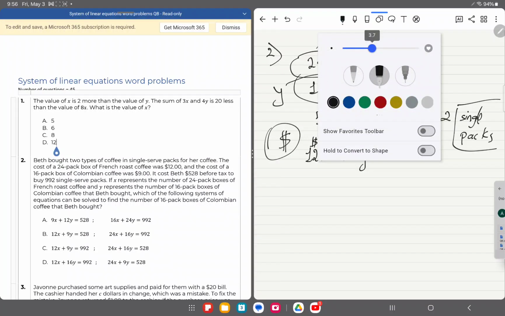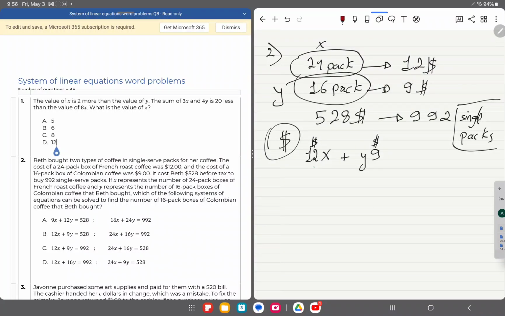Now $12 is the 24 pack, and this y is the 16 pack. Sorry, x is the 24 pack and y is the 16 pack.